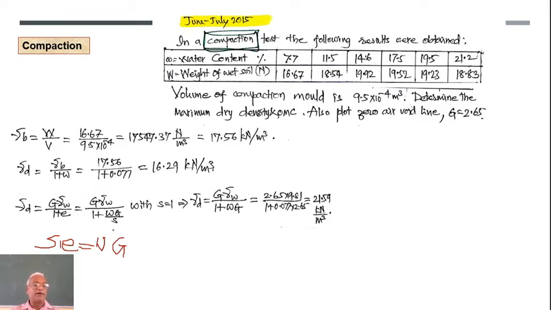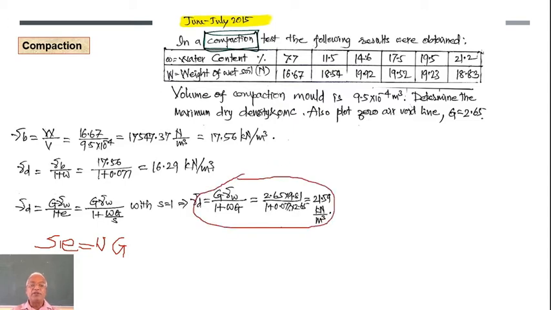Now here if I substitute S equal to 1, the equation becomes like this with full saturation. So this is only for the zero air void line. This kind of expression can be used, G gamma W divided by 1 plus Wg directly. Now if I substitute all the values, I am getting 21.59 as the value corresponding to 7.7. If I take 11.5, just observe this.